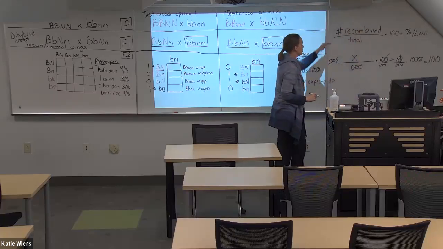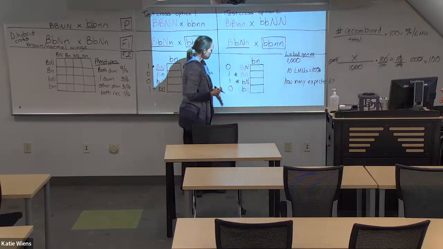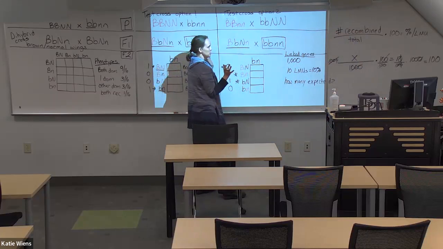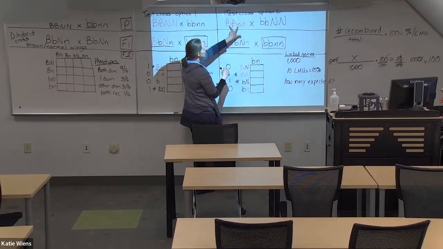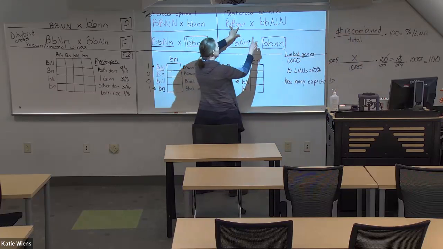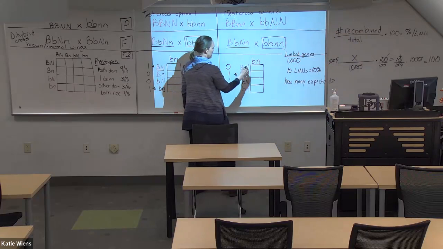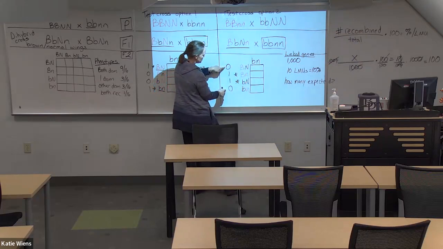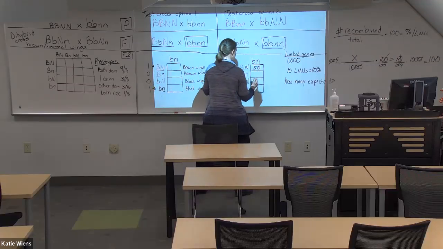So now we have 100 recombined, and we need to split it between our recombined products here. That means that the recombined one, instead of a big B and a little n, has a big B and a big N. I have two possibilities for the recombined, so 100 divided by 2 is 50.